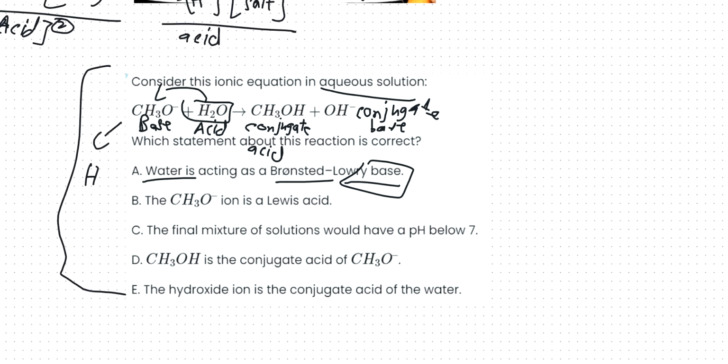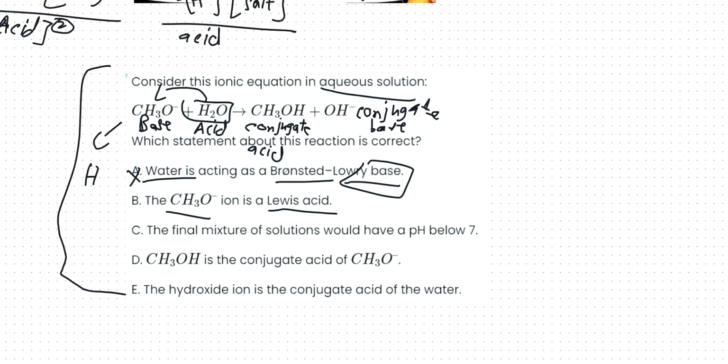It's donating one proton to my CH3O minus, because you can see CH3O minus gained one proton. So yeah, A is wrong.